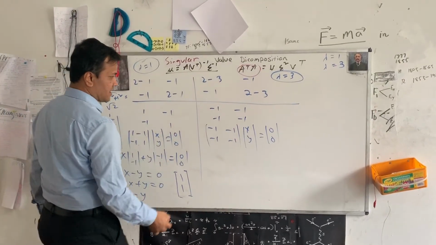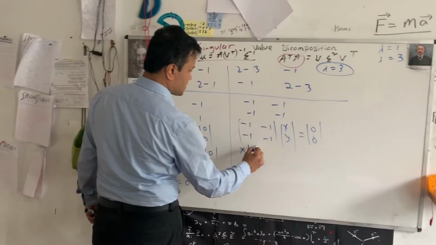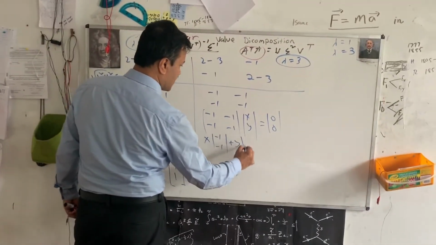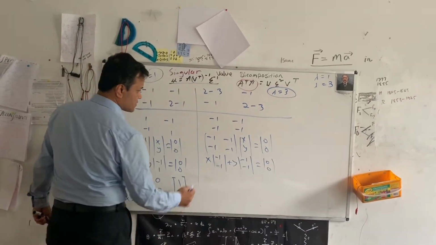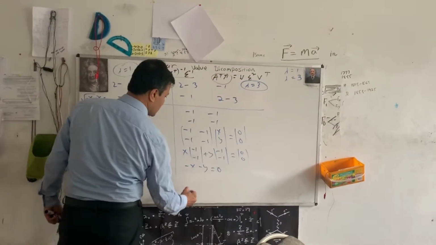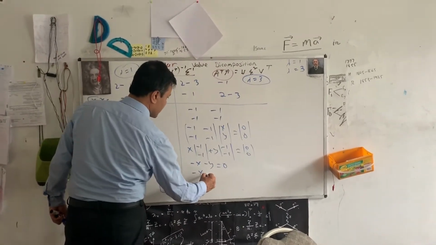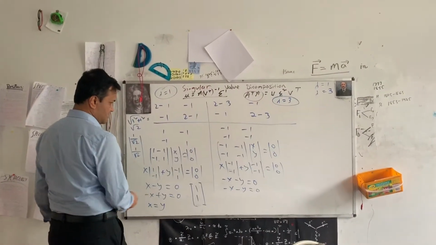Let's do the same thing over here. Let's see what happened. So you have the matrix [minus 1, minus 1; minus 1, minus 1] times [x, y] equal to [0, 0]. So you have minus x minus y is equal to 0, and minus x minus y is equal to 0. So this scenario is a little different than the previous one.